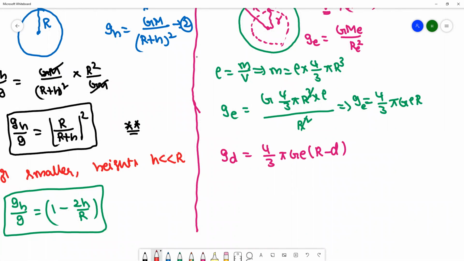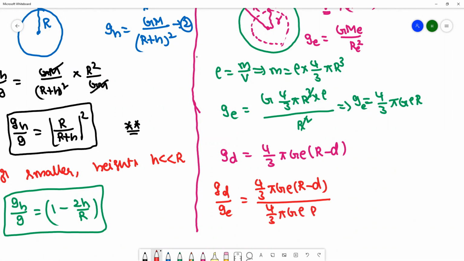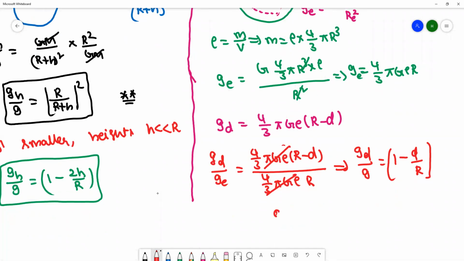So g_d divided by g_E is equal to 4/3 pi G rho (R minus d) divided by 4/3 pi G rho R. Everything cancels, and g_d by g is equal to (R minus d) by R, which is 1 minus d divided by R.